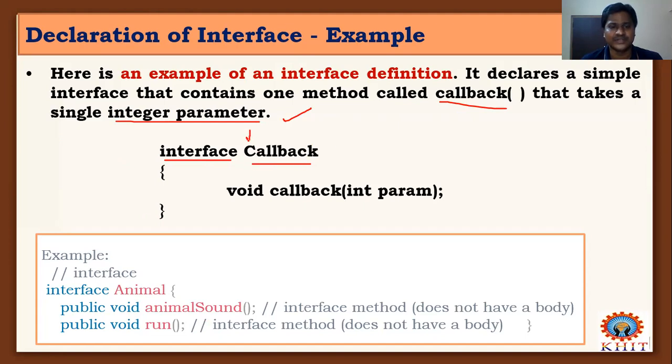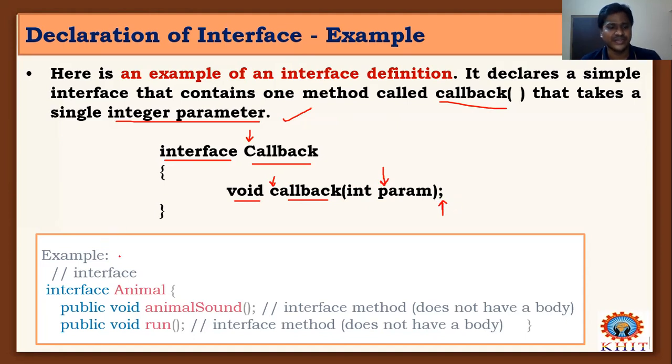If you see here, capital C Callback is the interface name, and small c callback is the name of the method defined in this interface, and it takes one parameter when it is invoked, right? The return type of the method is void. And if you observe the definition of this method, at the end there is a semicolon, which means this method doesn't have any body.